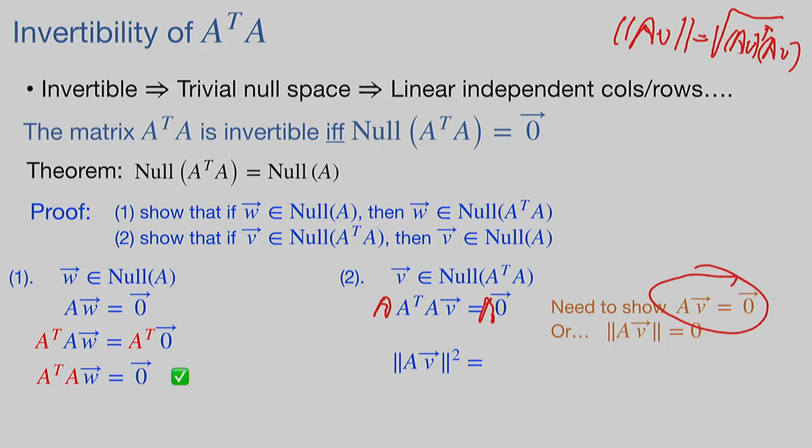I can also say, wait, if the norm of AV equals 0, is the norm of AV squared also 0? What is the norm of AV squared? Well, the norm of AV squared is AV transpose times AV, by definition. Again, if you don't remember, for a vector x, the norm of x squared equals x transpose times x.